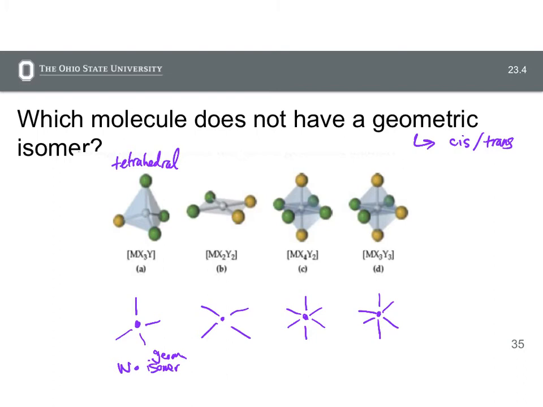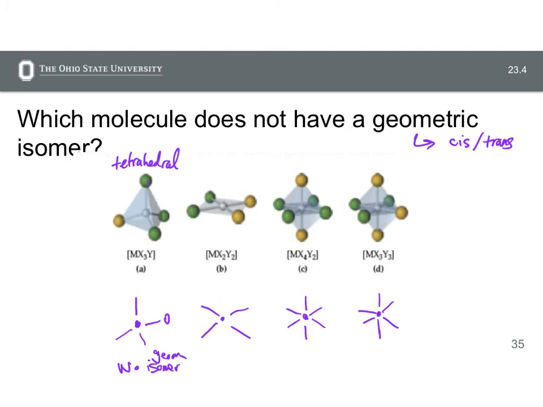Tetrahedral is kind of cool because when we draw it, it almost looks like the atom that's always pointing in the z direction has a different arrangement. It looks like it has a larger bond angle between those on the bottom, but it doesn't. All of these have a bond angle of 109.5.